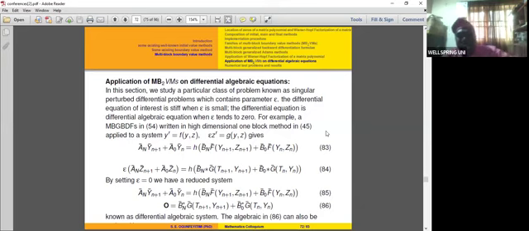Unlike authors who try to convert the differential algebraic equation back to ODE and solve, we do not convert it; we use it the way it is. We only assume, by taking the first derivative part of the method for the second equation, we set it to 0, while the function still remains.